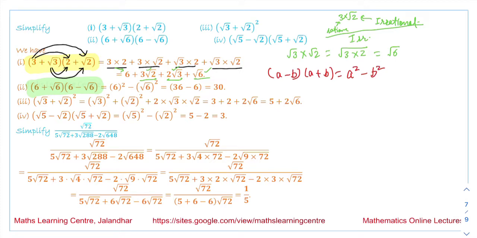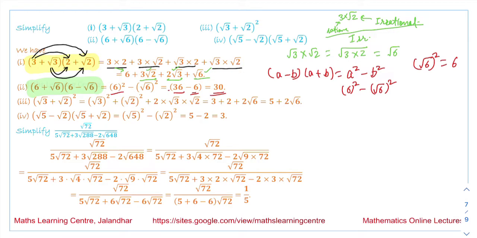So a here is 6, squared, minus b, which here is square root of 6, squared. What is square root of 6 square? It is 6. So the answer you will get in this case is 6 square is 36 and square root 6 square is 6. The answer is 30.